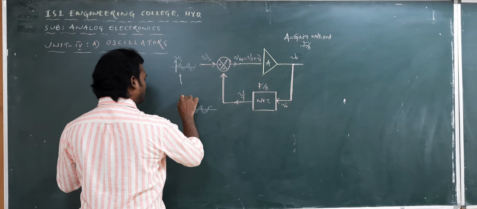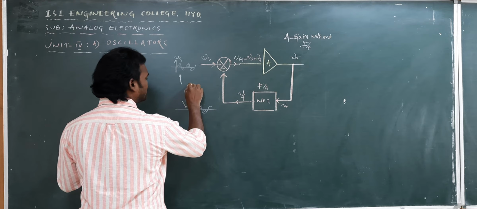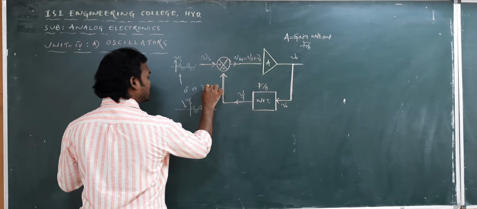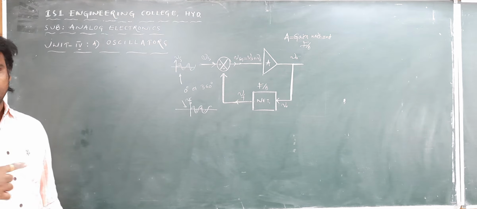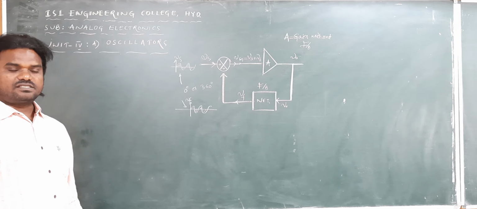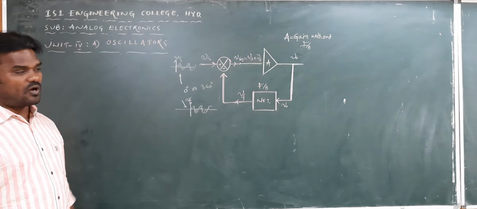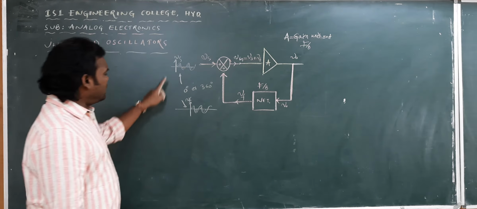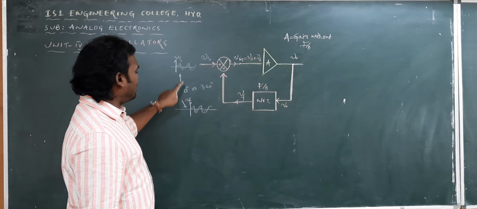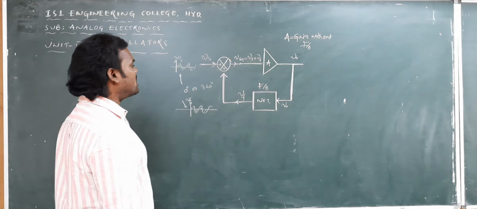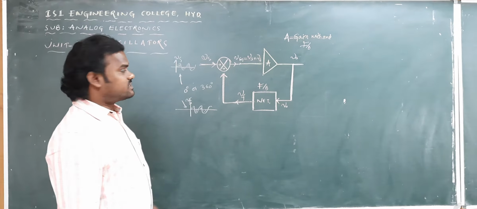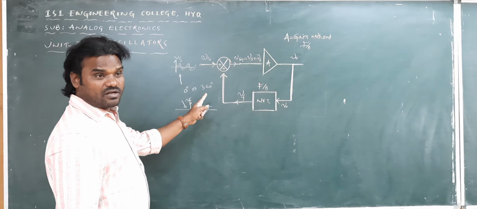The phase shift is 0 degrees or 360 degrees. So these signals are called in phase signals. I have explained this one. Is this clear? Yes, sir. Here Vs and Vf are both in the same phase, so these two signals are called in phase signals.